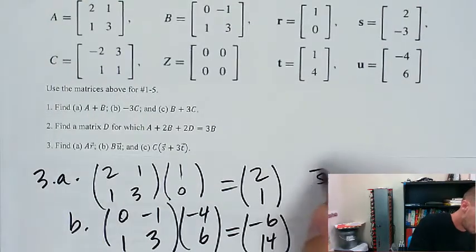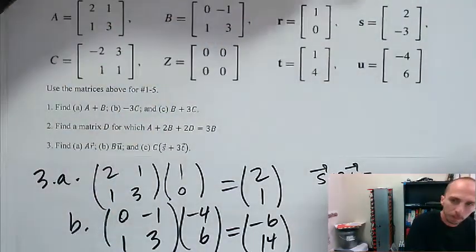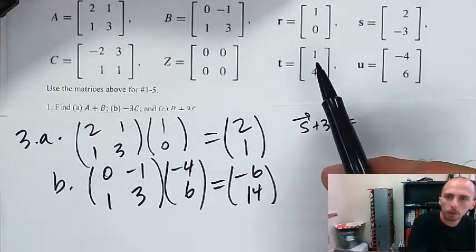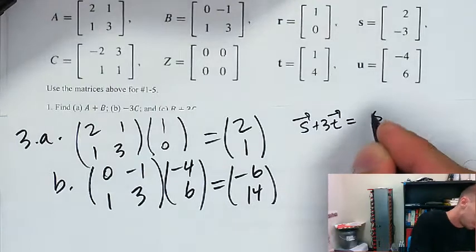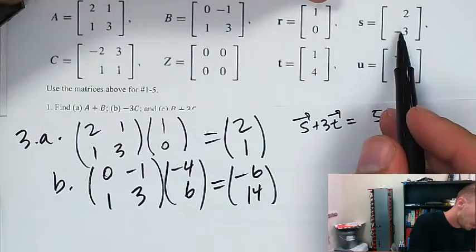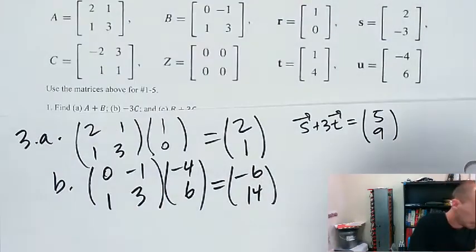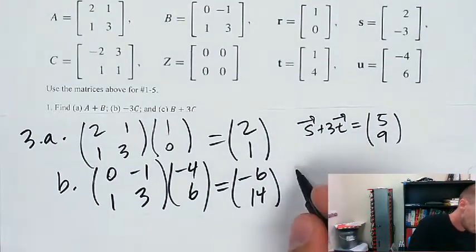Okay, I'm going to just figure out what S plus 3T is. So S plus 3T, you can't even see that, is going to be 2 plus 3 is 5. And negative 3 plus 12 is going to be 9. Okay, so it's 5, 9. Okay, S plus 3T.